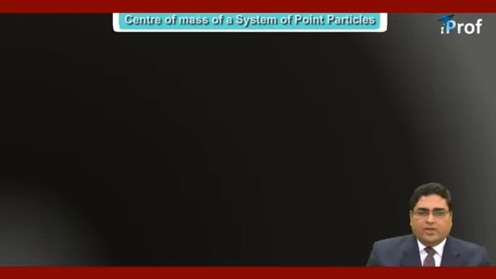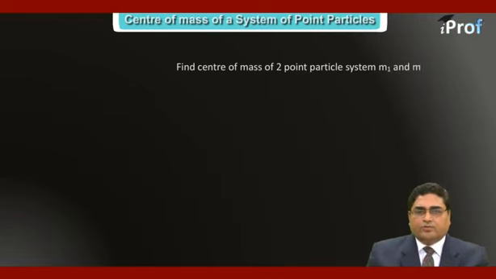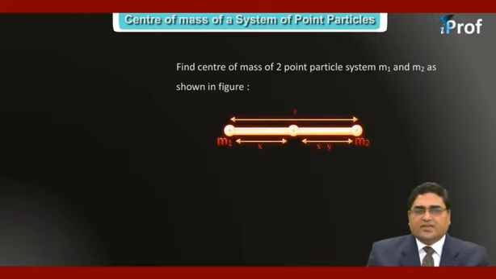Now, if we are interested in finding the center of mass for a two point particle system M1 and M2, as shown in the figure, separated by a distance r, suppose the center of mass is located at a distance x from M1 and r minus x from M2.